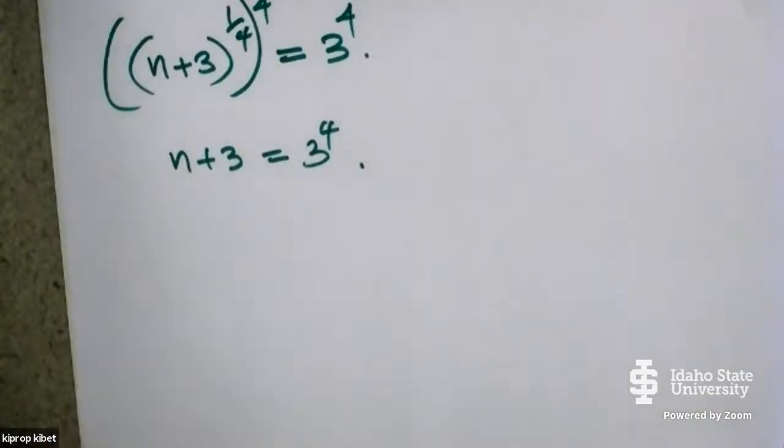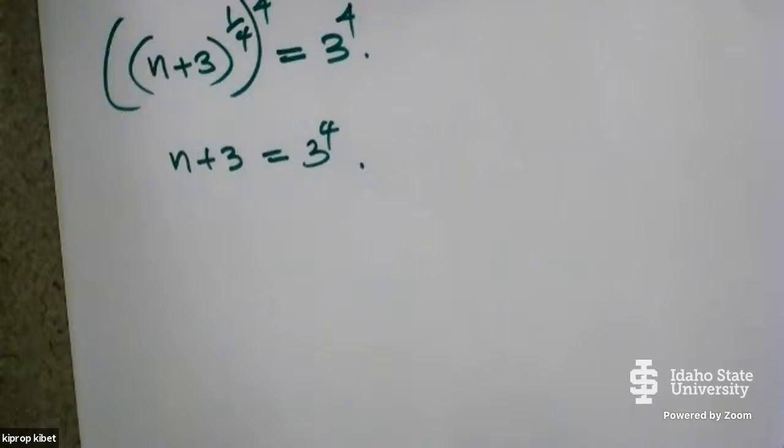It would not be 3 times 4 like 12, it'd be 3 to the 4th power. You raise it to 4, it's not multiplying.